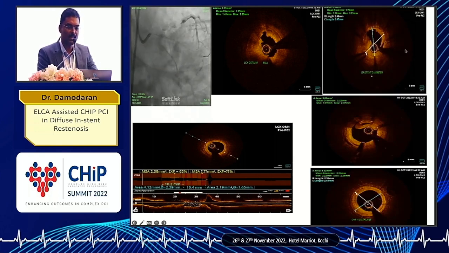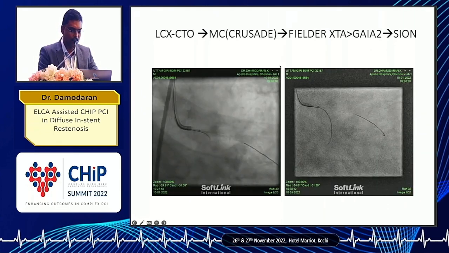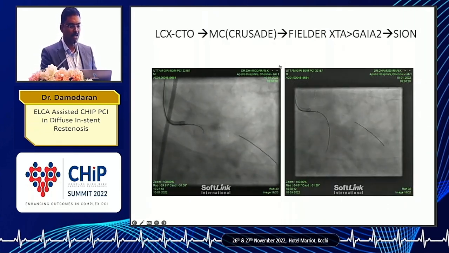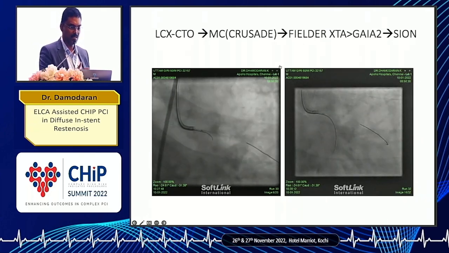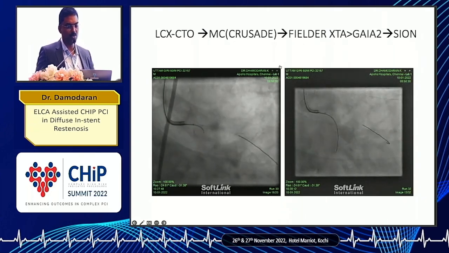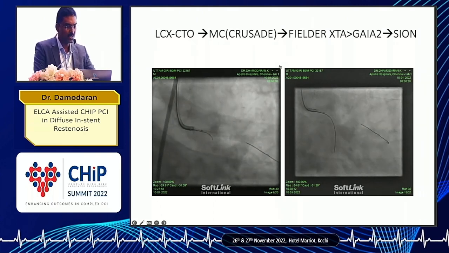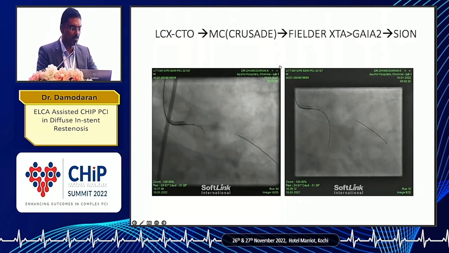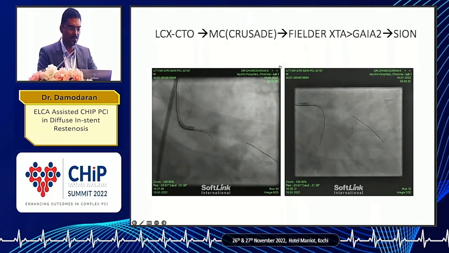You can see there is under expansion here, and the ostium of the LCX has a lot of neoatherosclerosis. Then I was trying to wire to the LCX. As the previous speakers talked about the dual lumen catheter, the Crusade was really helpful in pushing the wire into the LCX. Initially, I was trying with the Fielder XT. It was not working. Then Gaia 2, and finally changed to Cyan wire.